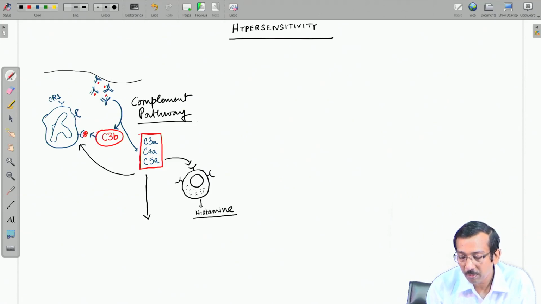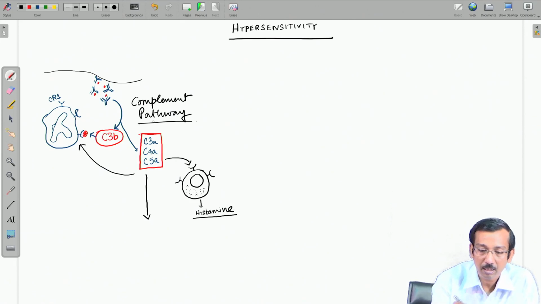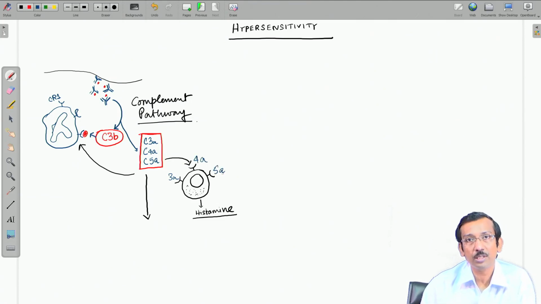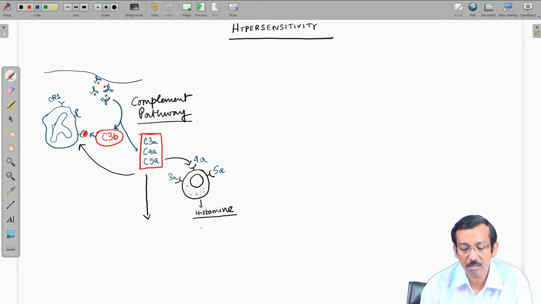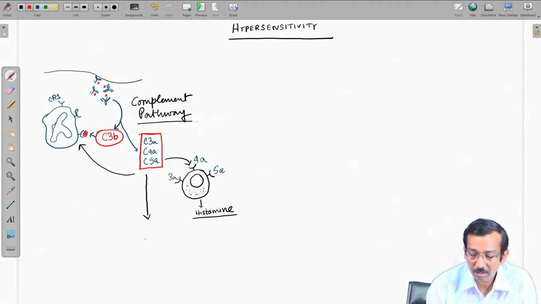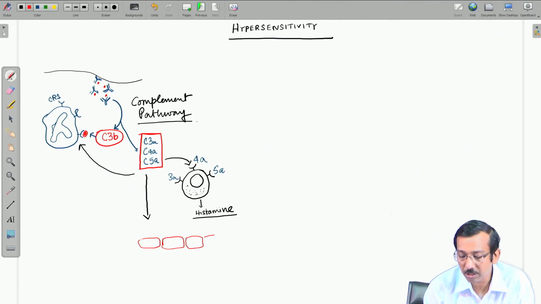Now, if C3a, C4a or C5a bind to the cell surface receptors of the mast cells, that can lead to the release of vasoactive amines like histamine, and this in turn can lead to opening of the high endothelial venules in the blood vessels, and also helps in the migration of the neutrophils.